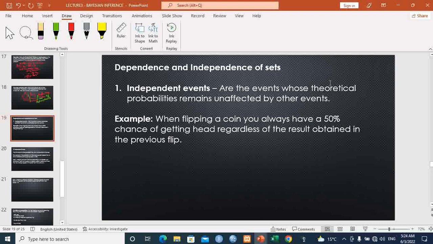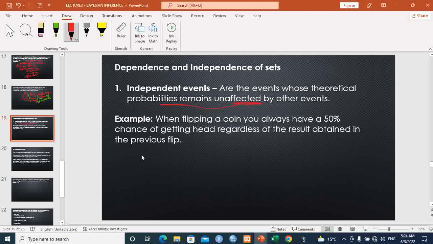We know what a true probability is from our previous discussion when we introduced probabilities. We said these are the probabilities of some categorical outcome which we don't have to do an experiment to know. The probabilities remain unaffected by the other event.